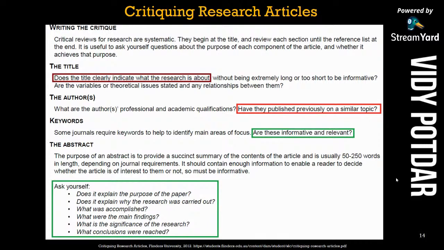So basically do a pros and cons of the entire paper, and not just the research content, but starting from the title itself.